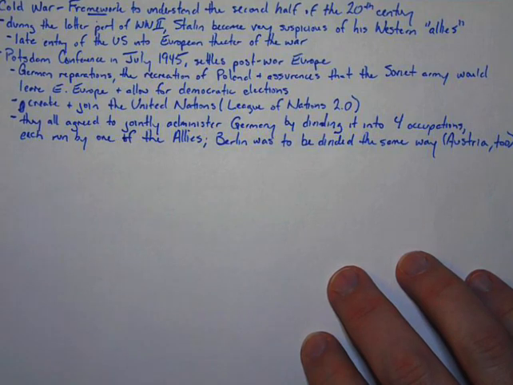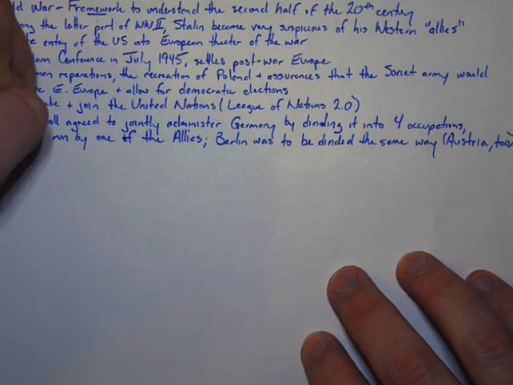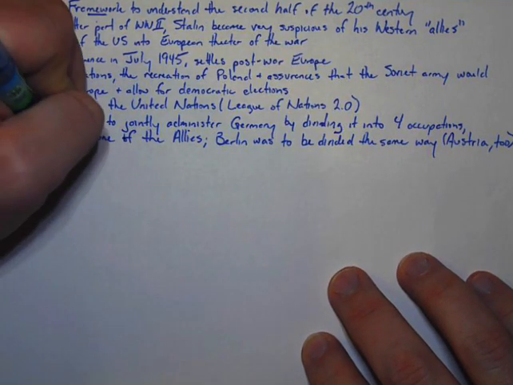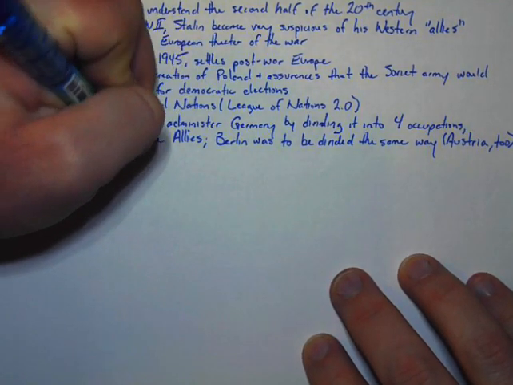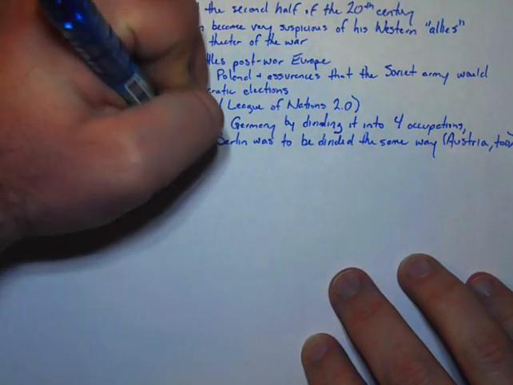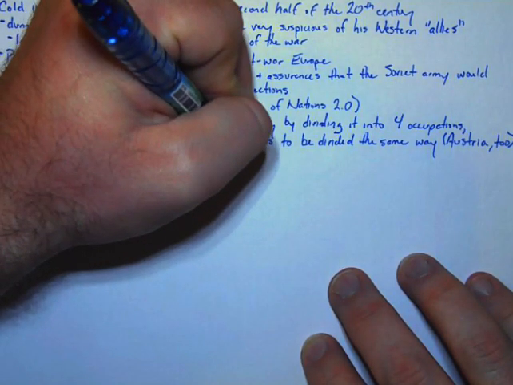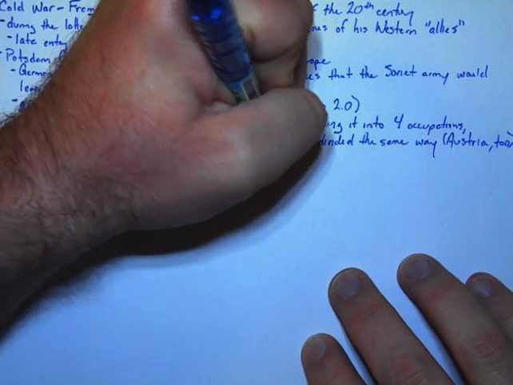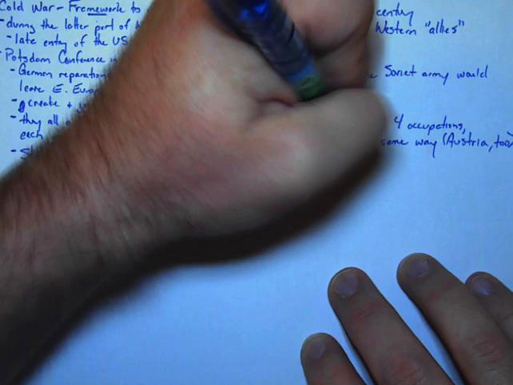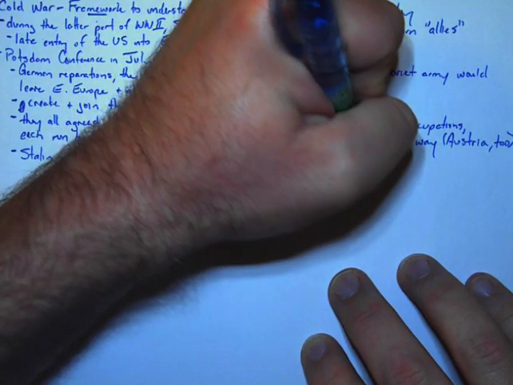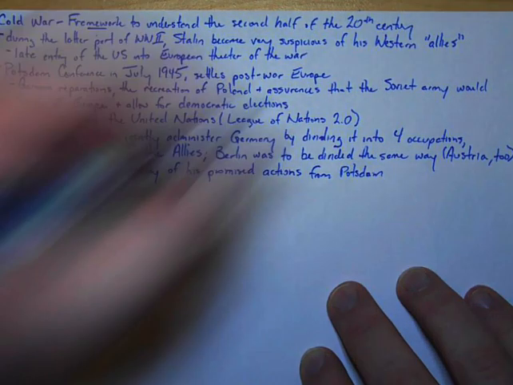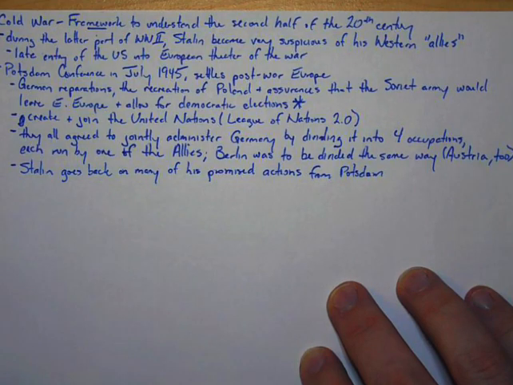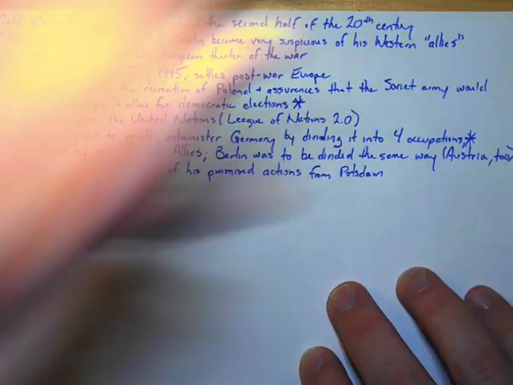Now, remember, Stalin looks at all of this with a lot of suspicion. So Stalin goes back on many of his promises from Potsdam. So he goes back on a lot of his actions, specifically that one and this idea about jointly administering Germany.